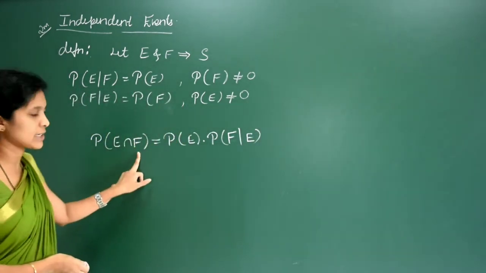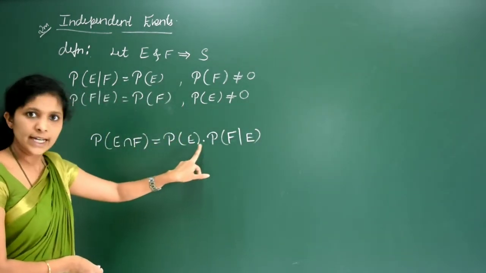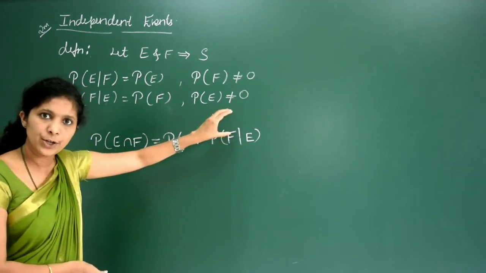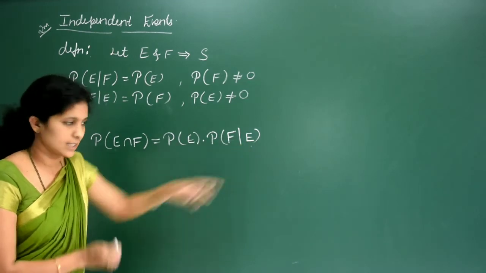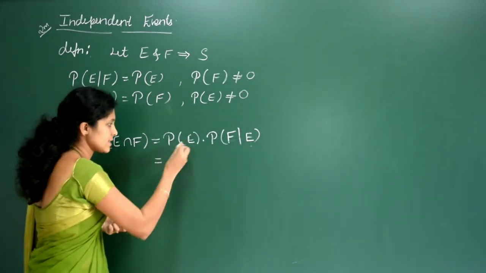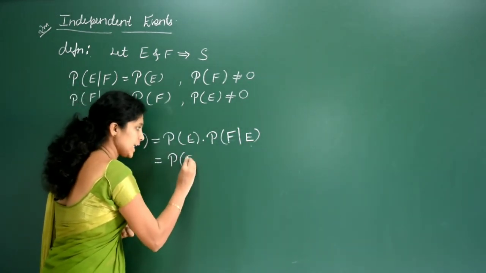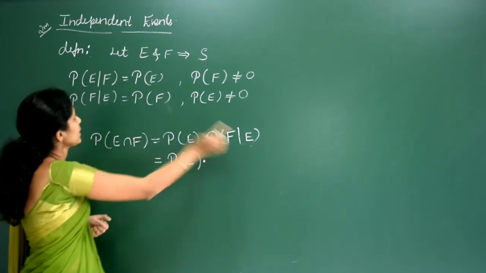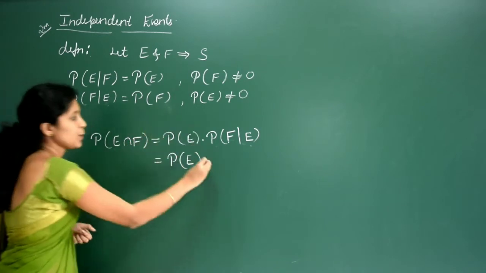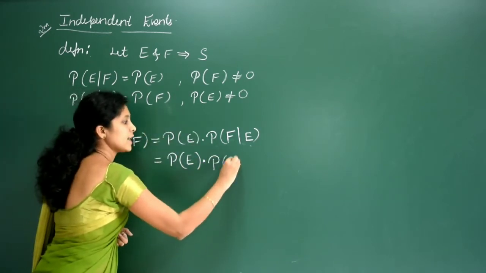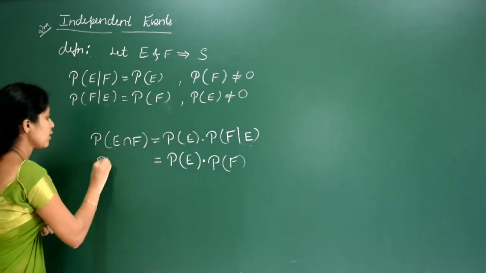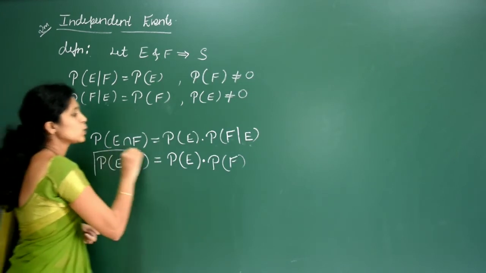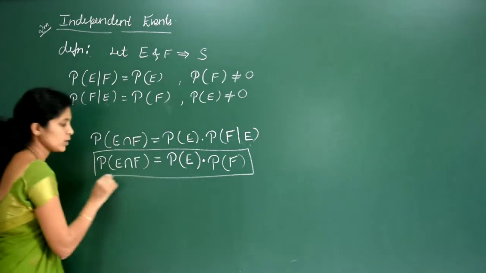P of E intersection F is equal to P of E into P of F by E, which is the conditional probability of F where E has occurred. If the events are independent, P of F by E will be equal to P of F. So this is equal to P of E into P of F. This is a formula to check whether the two events are independent or not.